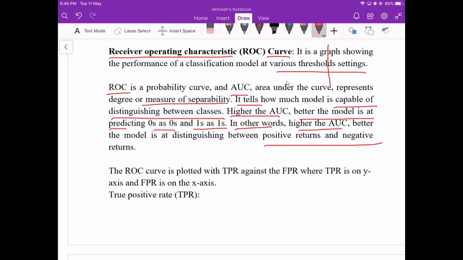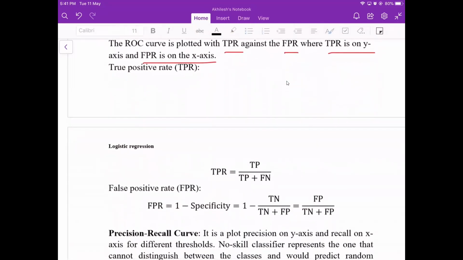The ROC curve is plotted with true positive rate against false positive rate. True positive rate is on the y-axis and false positive rate is on the x-axis.